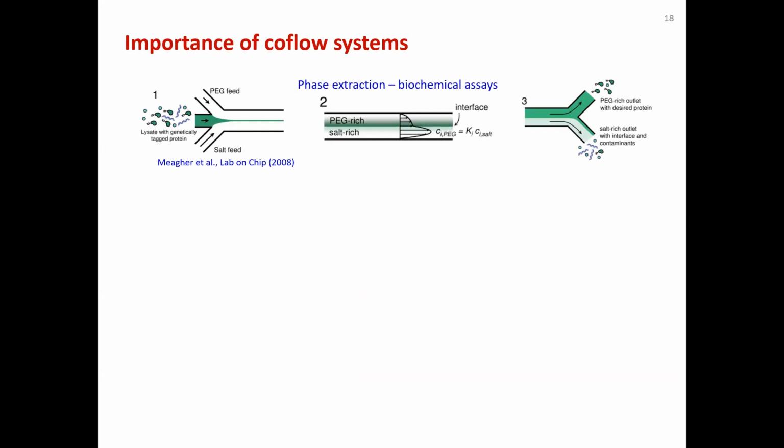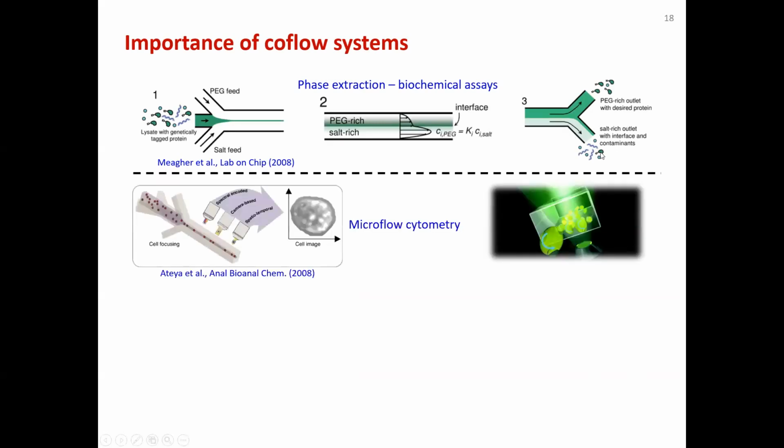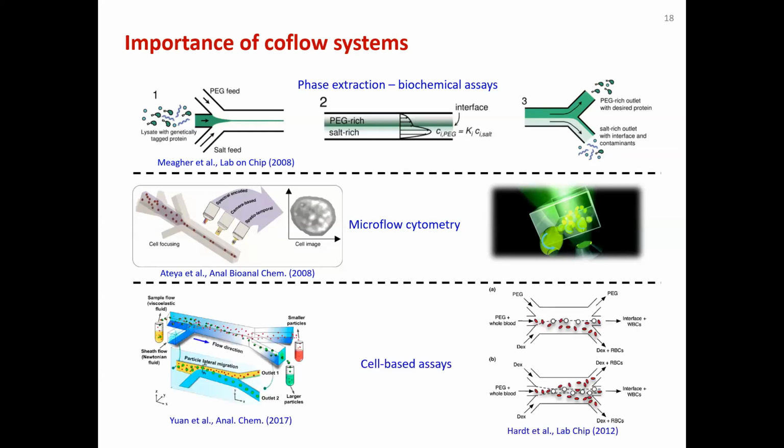For example, one could use this to extract analytes of interest or isolate them from some contaminants. They have also been used extensively in microflow cytometry, where the samples are focused for enumeration and detection of these analytes, as well as isolating and sorting cells and other particles. So they are quite relevant in the context of microfluidics.